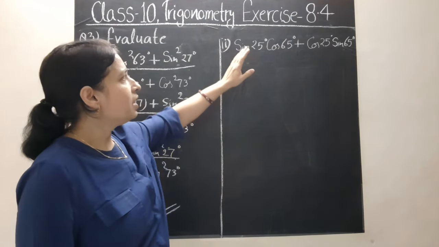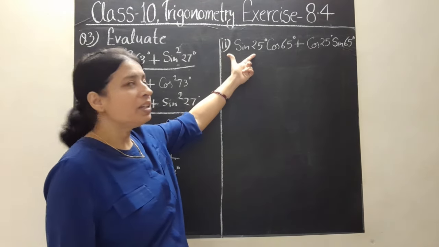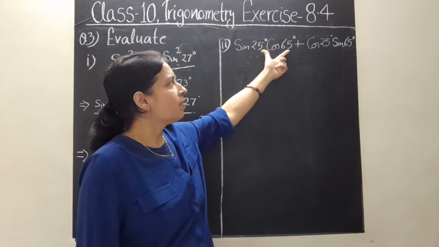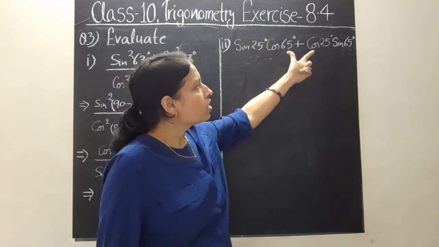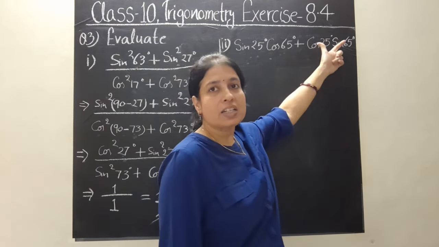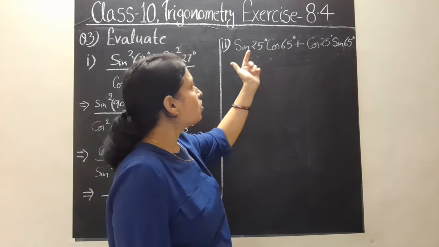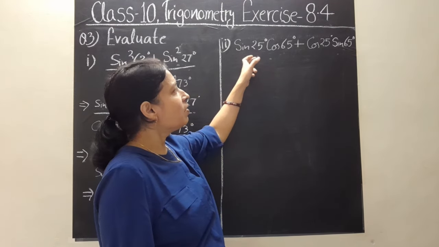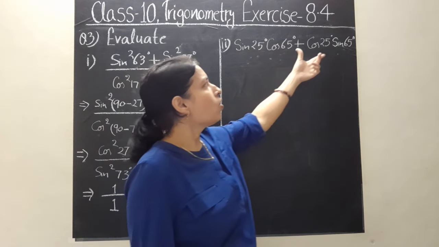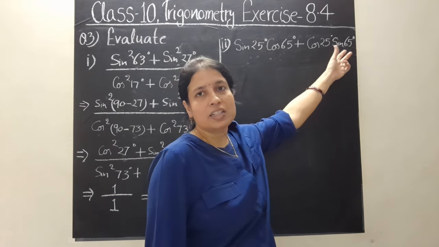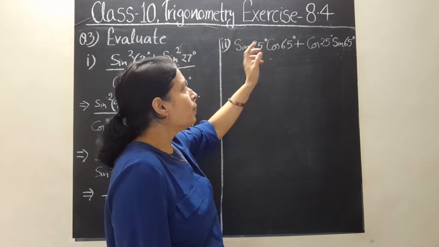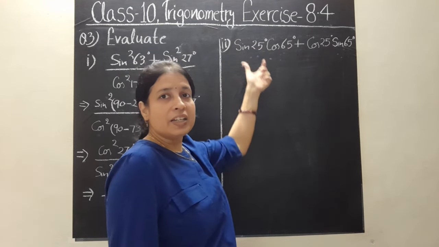In the second part it is given sin 25 degree into cos 65 degree plus cos 25 degree into sin 65 degree. Here we also don't know the value of sin 25, cos 65 or cos 25 and sin 65. So we will try to make these angles in the same form.